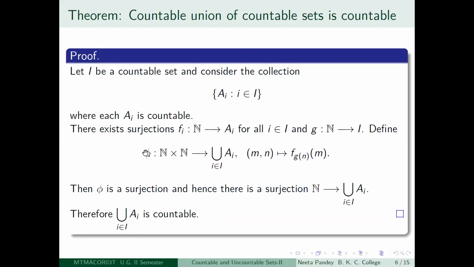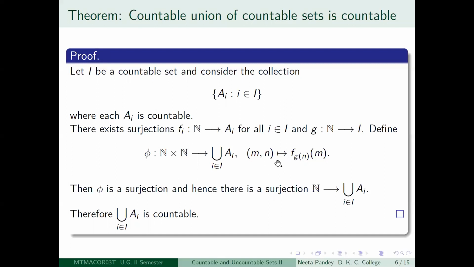The mapping is denoted by phi here, and when I write it like this, it means that the element (m, n) maps to something. So instead of writing phi of (m, n) equal to that, we use this notation sometimes to describe a mapping. So that is what I have done here. So what is phi of (m, n)? You look at f_g(n).